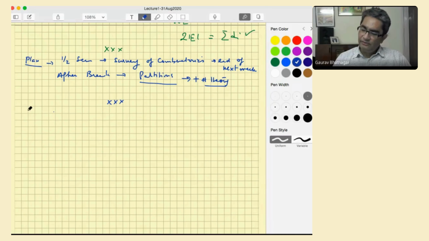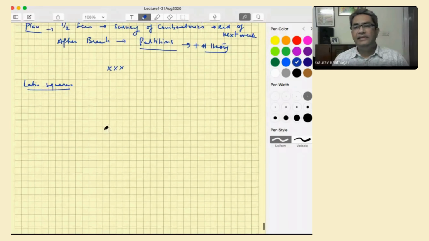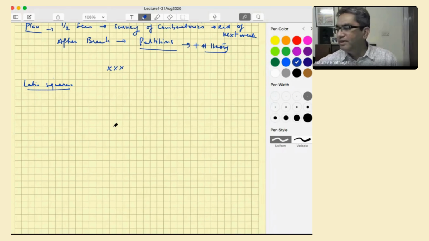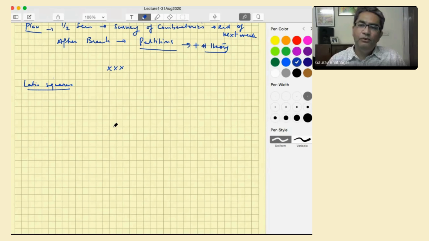Latin squares you were doing, right? By the way, yesterday Bhatia mentioned in his talk that he has used Hall's theorem for a very nice theorem on roots of polynomials.